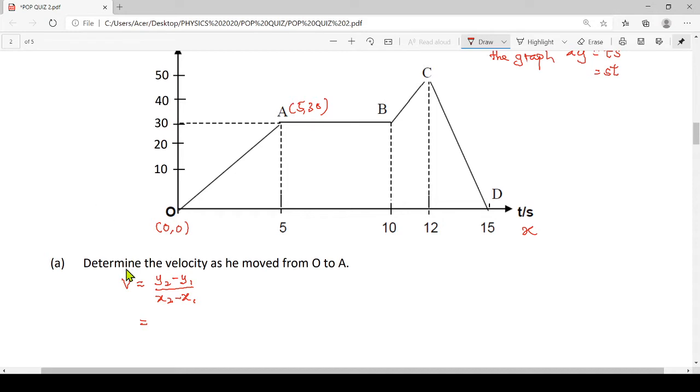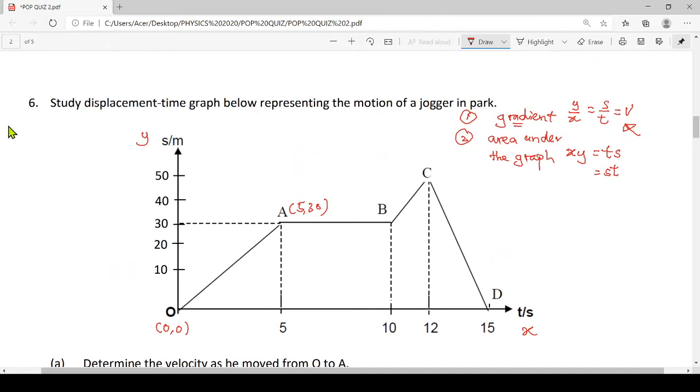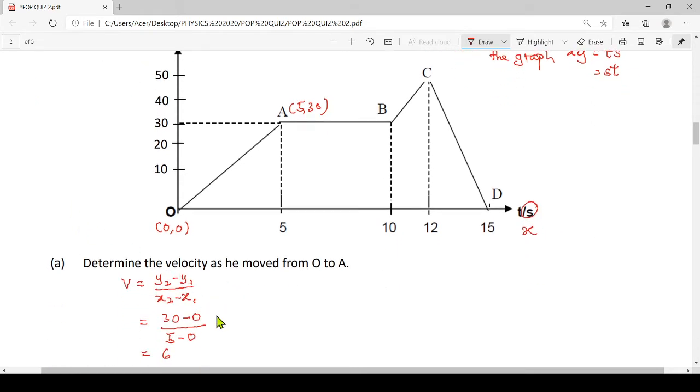So I have 30 minus 0 divided by 5 minus 0. So that will give you 6. And then the unit, my y is in meters, and x is in seconds. So my unit is meters per second. So that is the velocity from point O to point A.